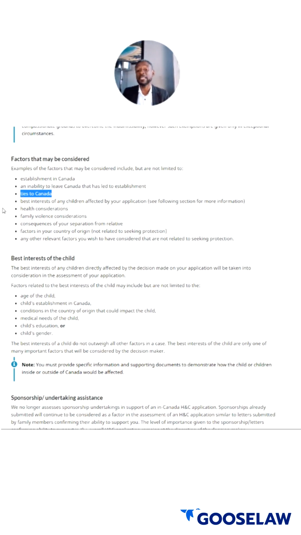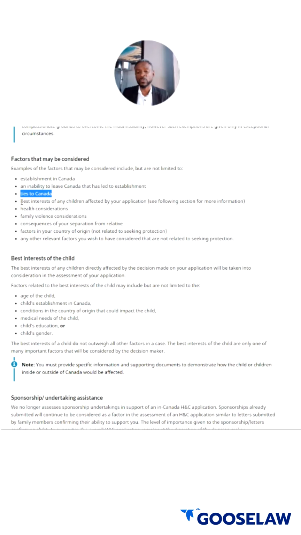You know, are there family ties here that would mean that it would be in the applicant's best interest to remain here? Do they have strong ties here? Are there relatives here? Are there immediate family members who are Canadian permanent residents or Canadian citizens? That is going to play a factor.